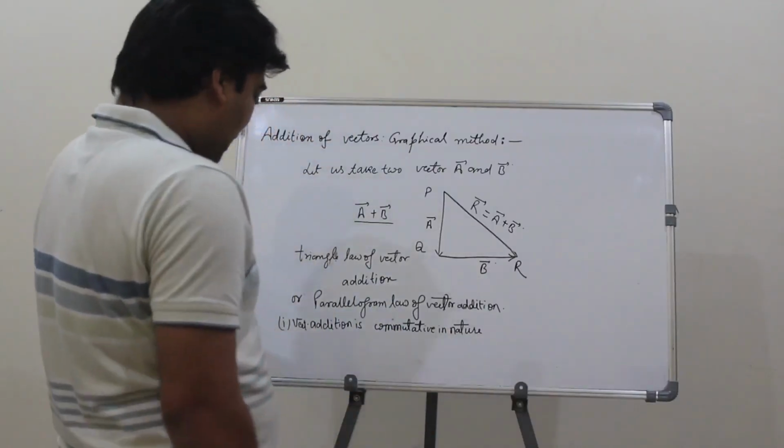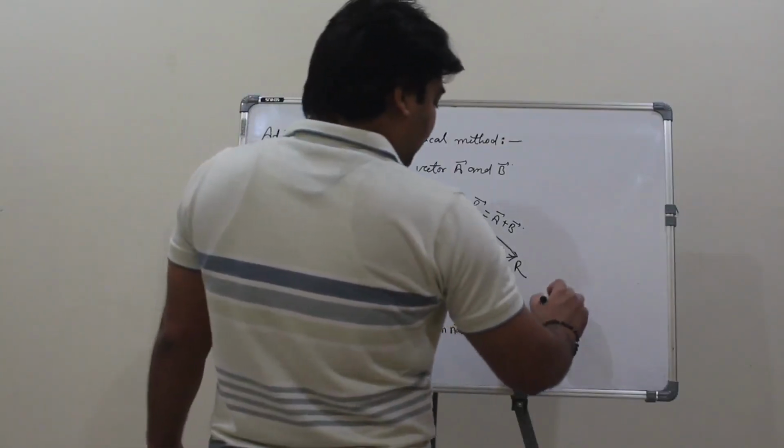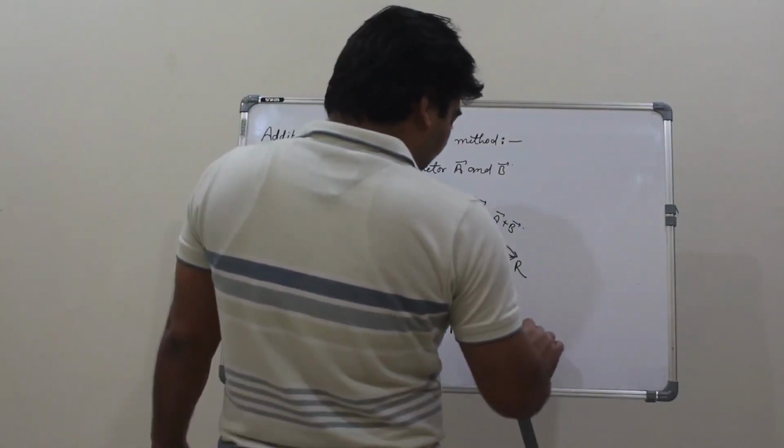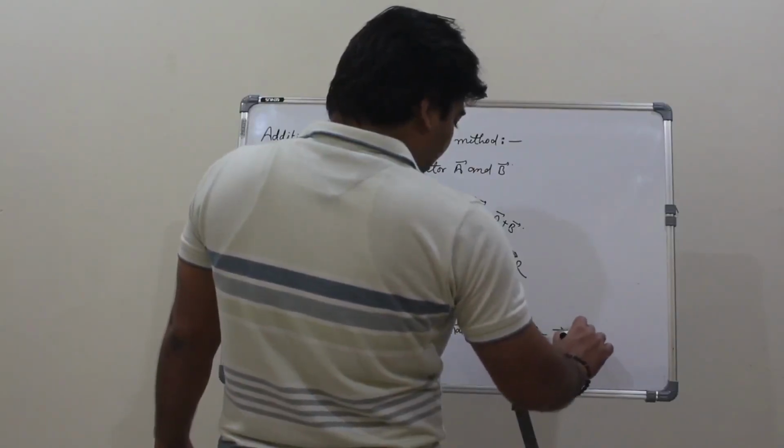Right? So vector addition is commutative in nature. It means that A plus B equals B plus A for two given vectors.